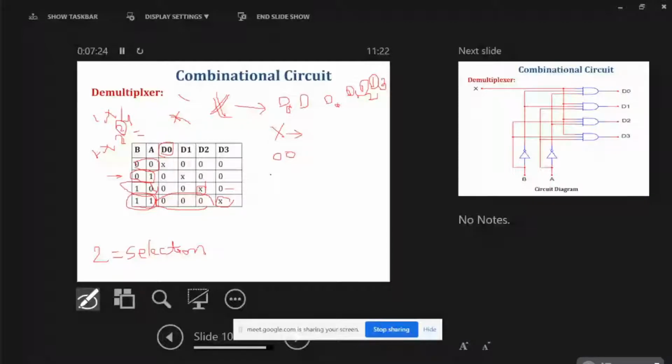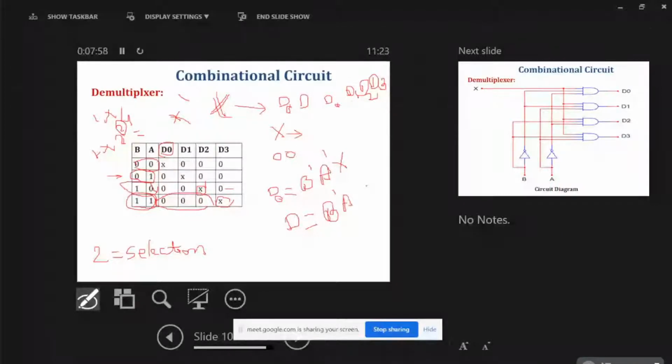For D0, the expression will be B' A' X. For D1, what will the expression be? B' A X.